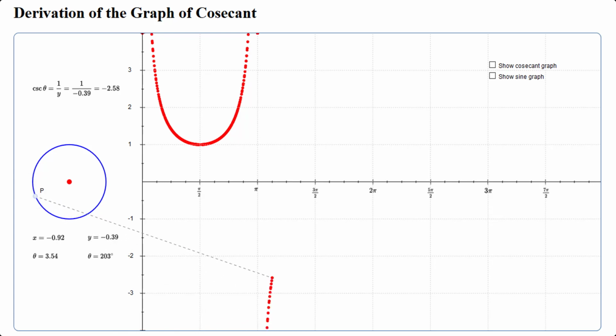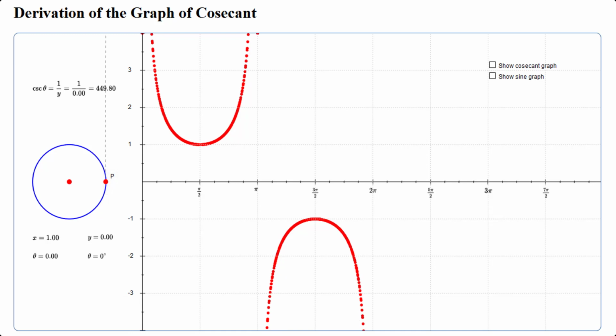So when I divide 1 over a negative number, I've got this U shape again, but it's flipped vertically, basically. The local maximum that this is going to reach is at 3 pi over 2, which is going to be negative 1. And then as I continue rotating, it's going to start to decrease down to infinity again.